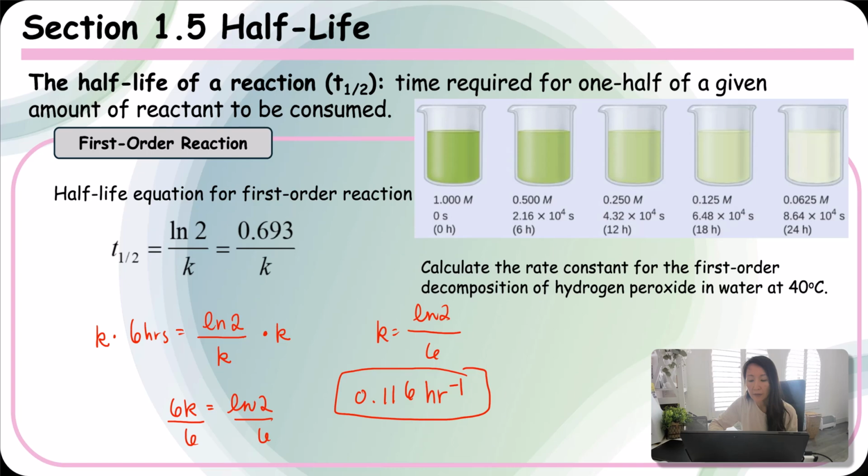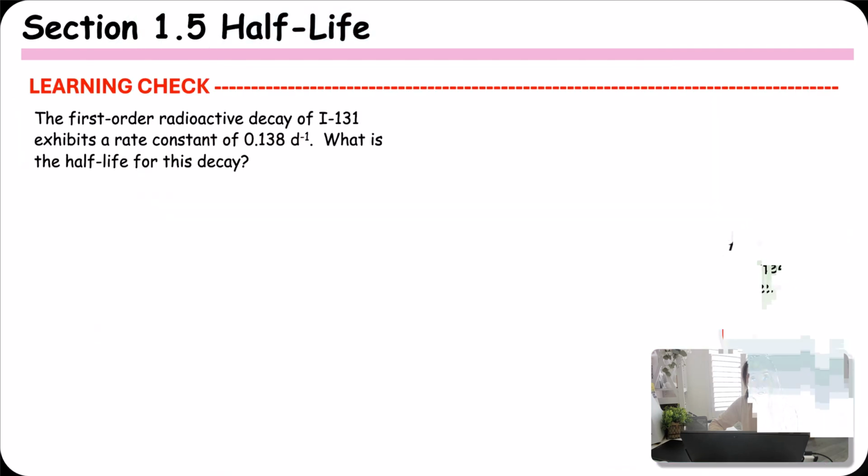You can definitely do a learning check based on what we have learned so far. It says the first order radioactive decay of iodine 131 exhibits a rate constant of 0.138 days to the negative first power, so per day. What is the half-life for this decay?